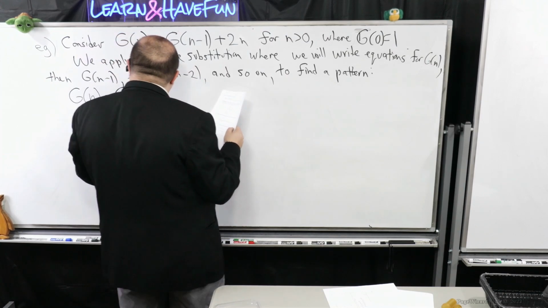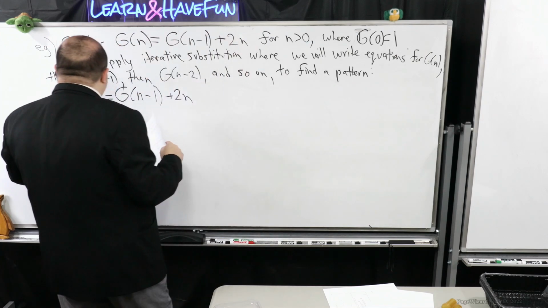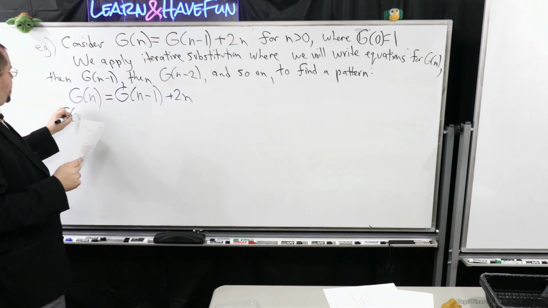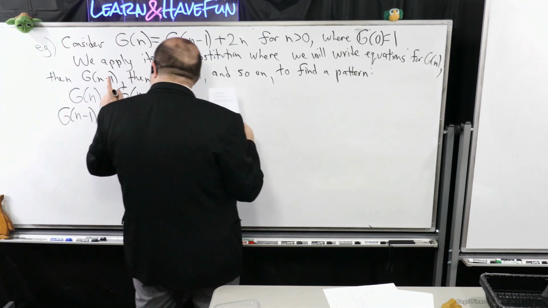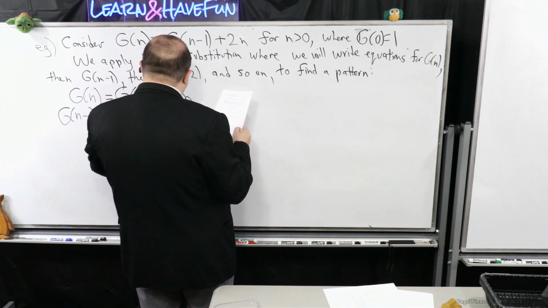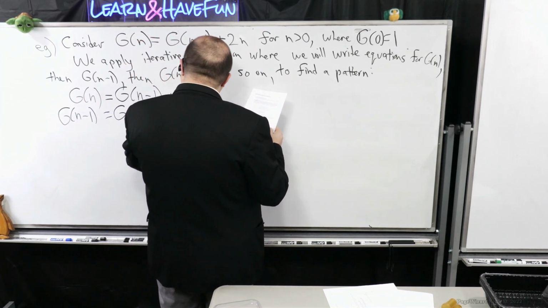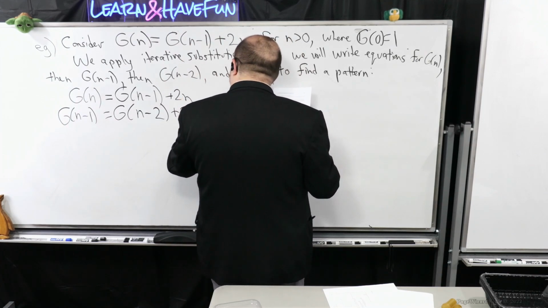So g of n is g of n minus 1 plus 2n, right? So what's g of n minus 1 then? We had another equation for g of n minus 1. Well, everywhere where I had n, you have n minus 1. So we have g of n minus 2 plus 2 times n minus 1. Remember, everywhere you've seen n is now n minus 1.